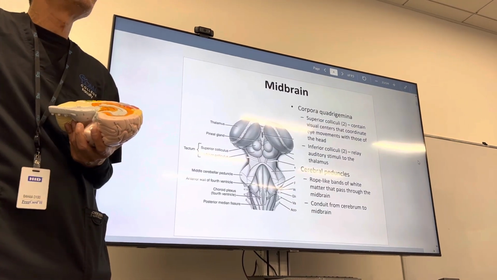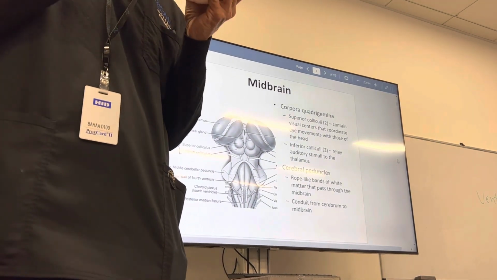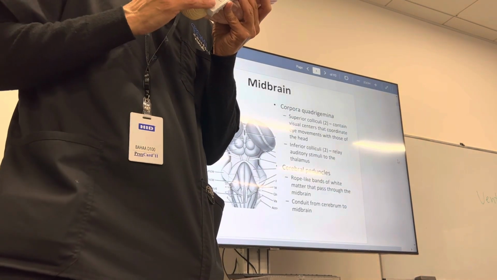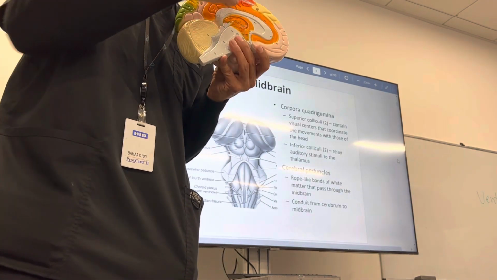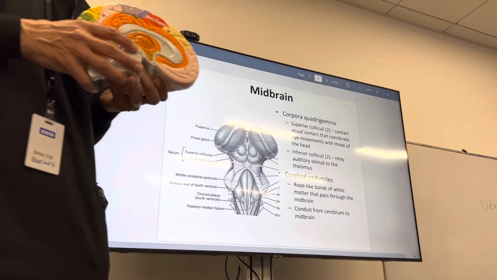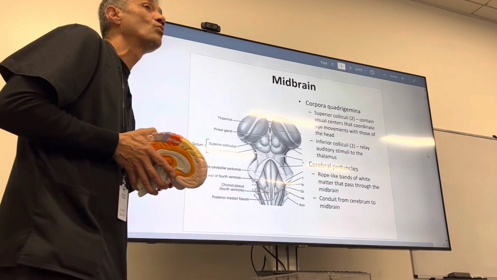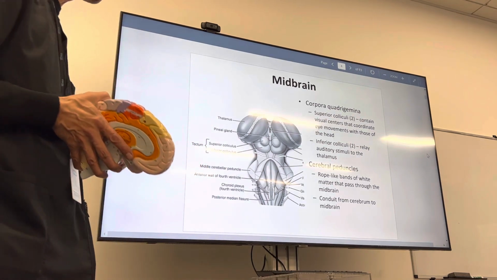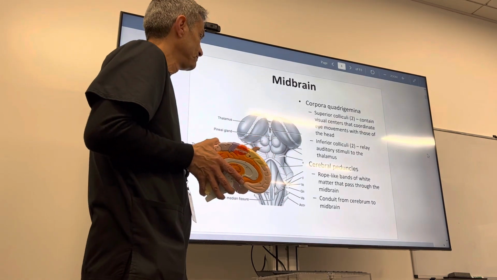Let's talk about the midbrain. What you need to remember is that on each part of your brainstem, there are anatomical landmarks that you're going to point out in your image. The first one, which belongs to the midbrain, is corpora quadrigemina. The corpora quadrigemina is this part.